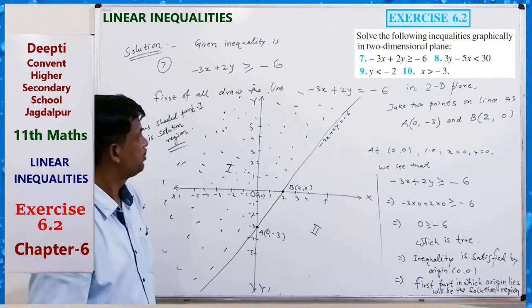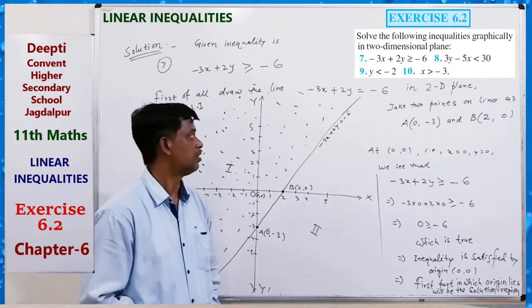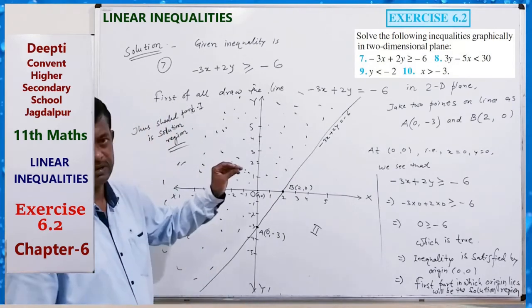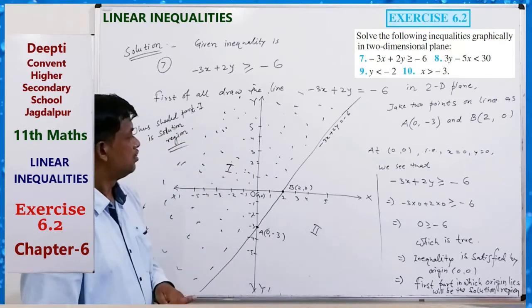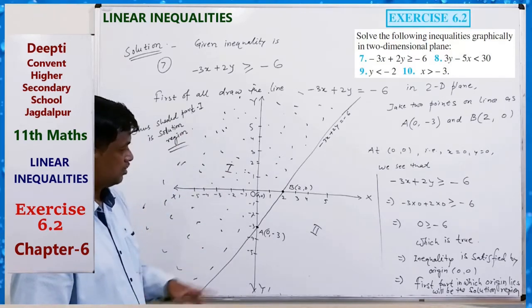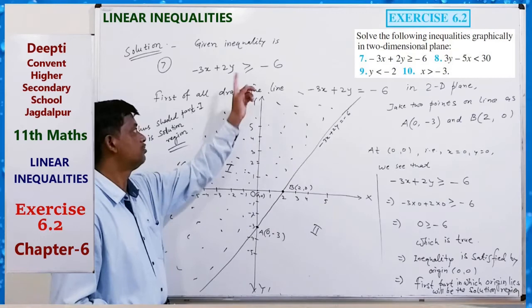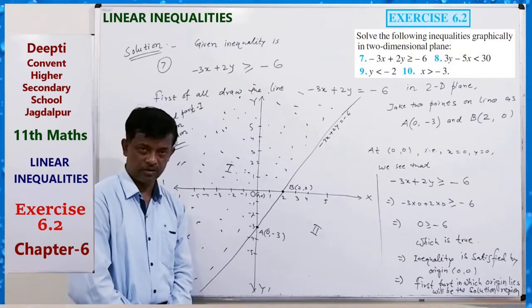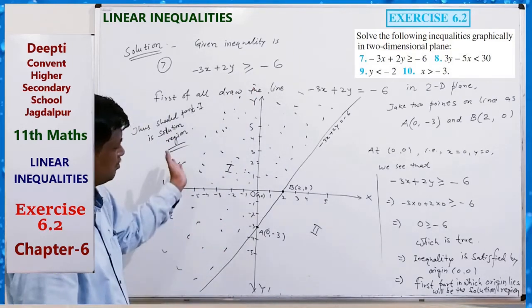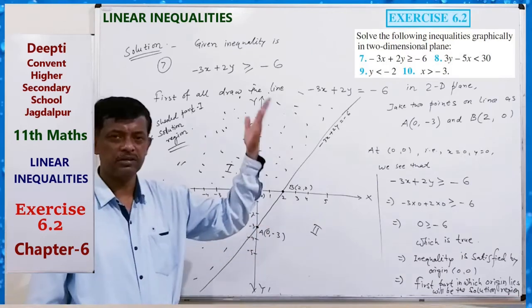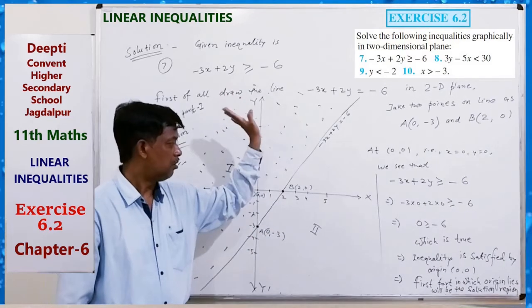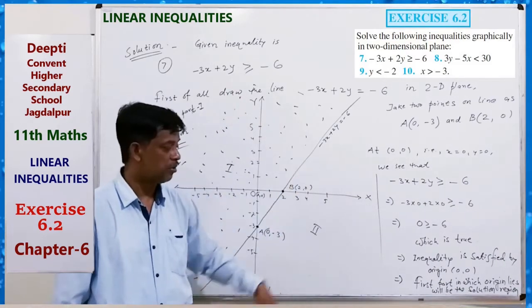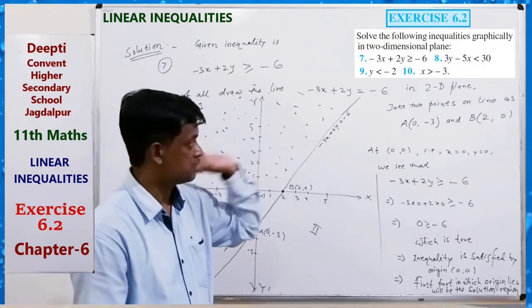Just do them and send them to me for your attendance. So draw the graph of the line. Here a dotted line is not taken because of the slack inequality, greater than or equal to. By this method you can get the graphical solution of all the questions of this exercise.